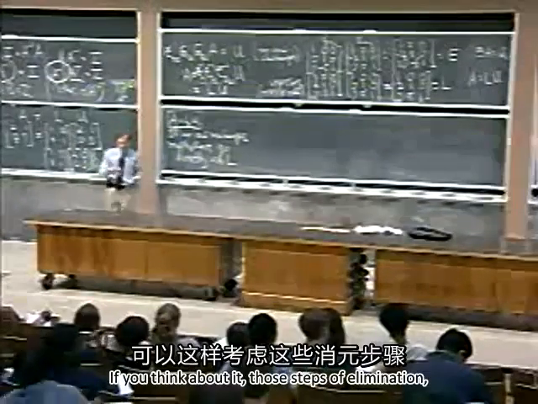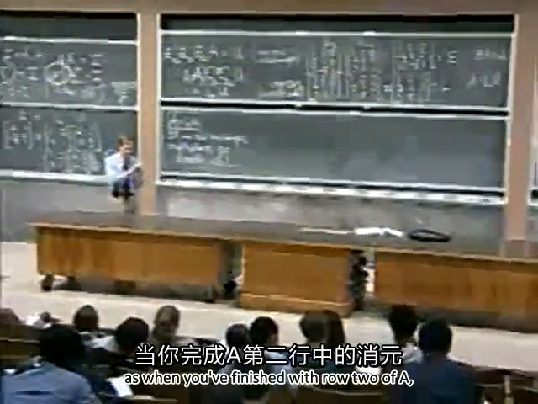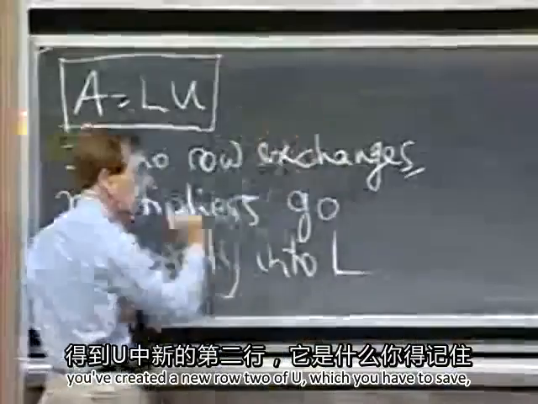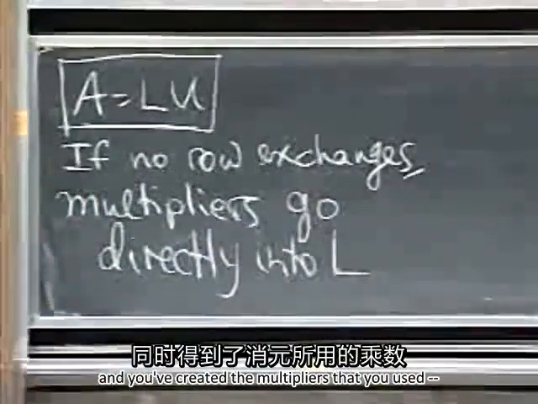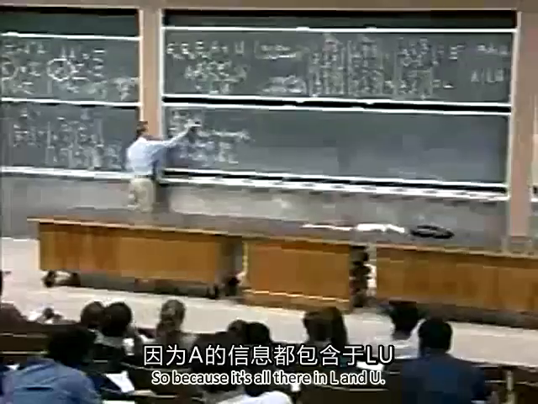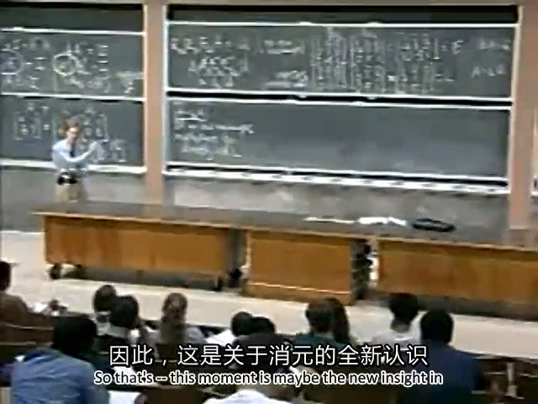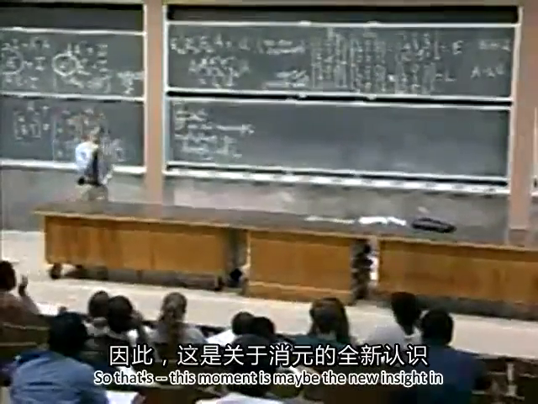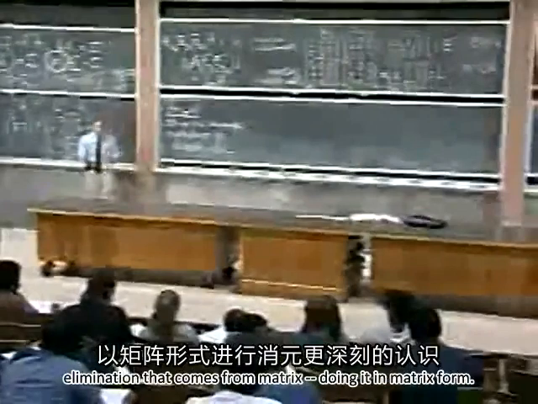If you think about it, those steps of elimination, when you've finished with row 2 of A, you've created a new row 2 of U, which you have to save, and you've created the multipliers that you used, which you have to save, and then you can forget A. Because it's all there in L and U. So that's like, I mean, this moment is maybe the new insight in elimination that comes from doing it in matrix form.